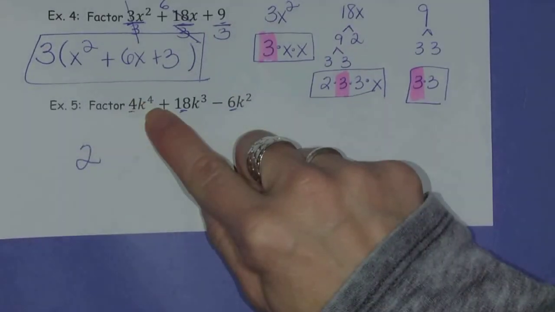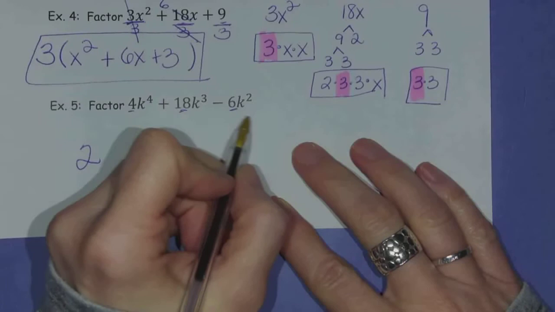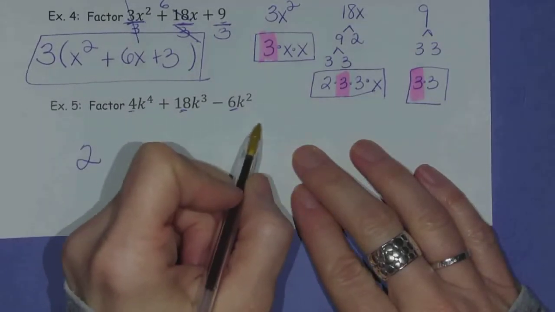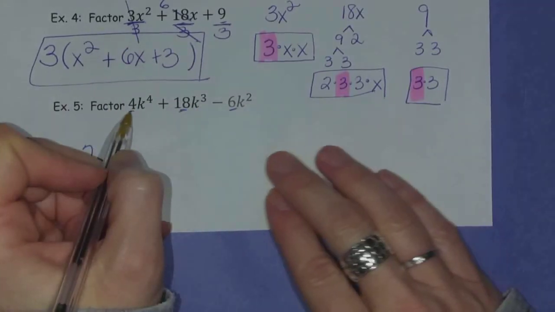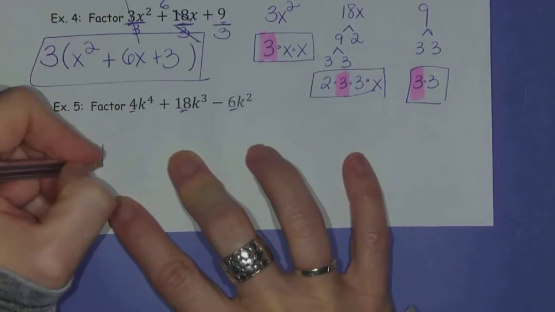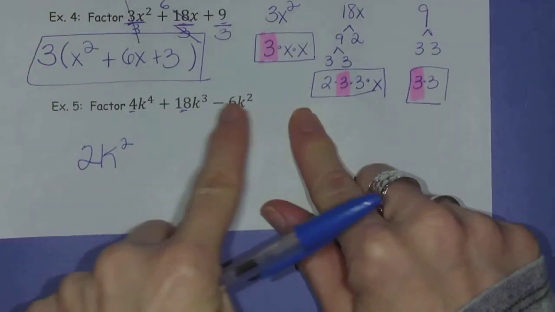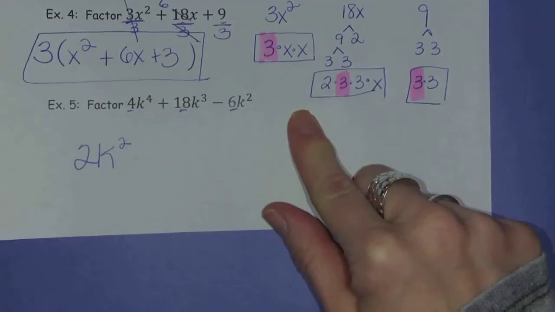Well, this one has 4, this one has 3, and this one has 2. So if you wrote them out, k times k, k, k, k, k, k, k, k, you would only be able to circle 2 k's from each term in common. So let's do k squared. Remember, the shortcut is it's always the lowest amount in any one term.